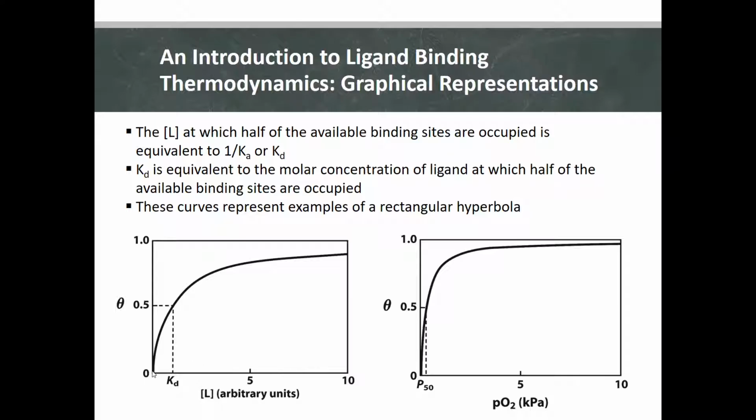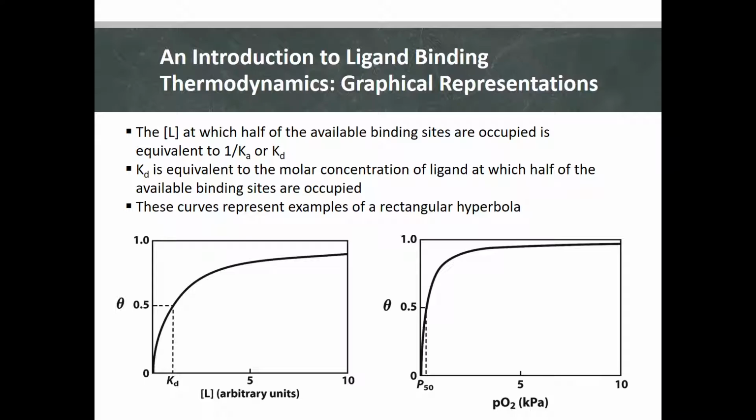And you'll see an asymptotic approach to a value of 1. So as I increase the ligand concentration via a function that is a rectangular hyperbola, I'm going to asymptotically approach 100% fractional saturation. So if I increase the concentration of ligand high enough, I will at some point fully saturate my enzyme.